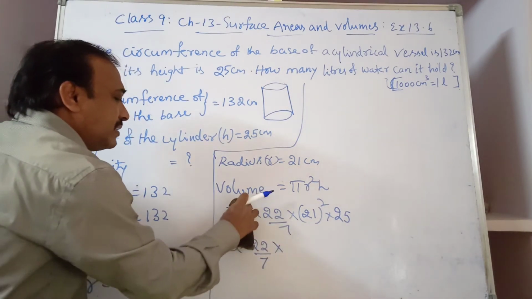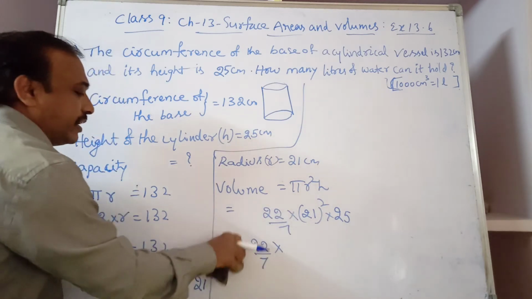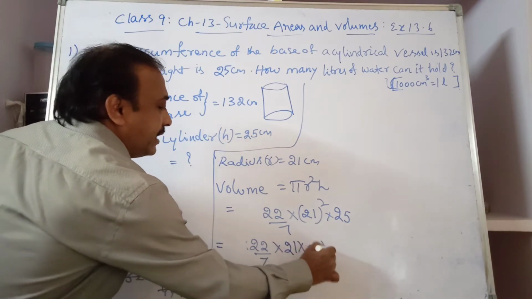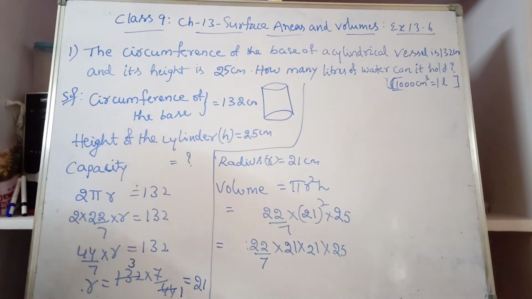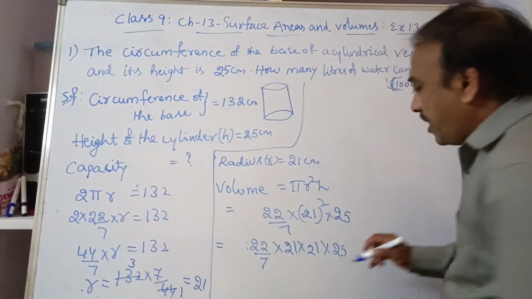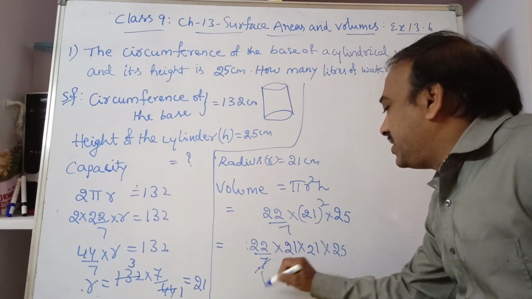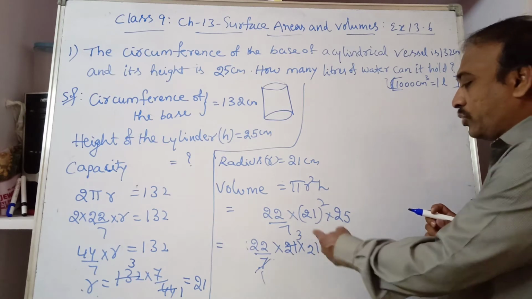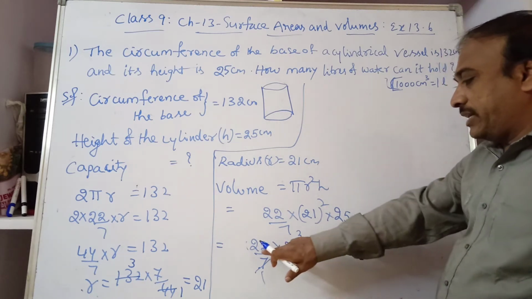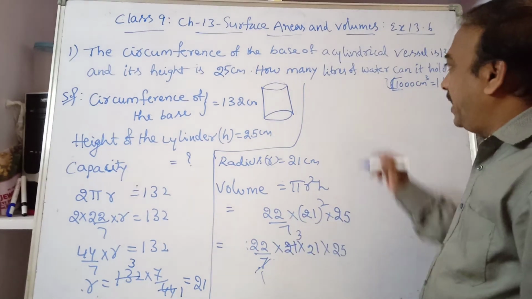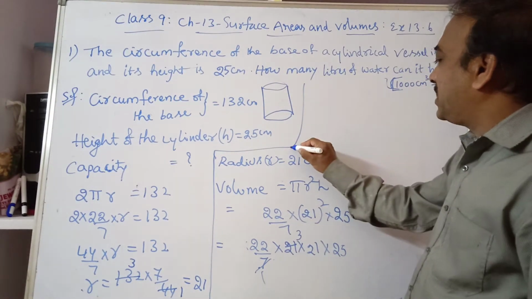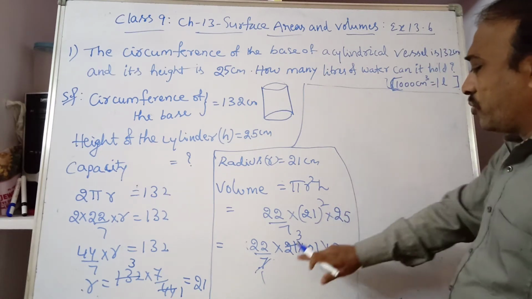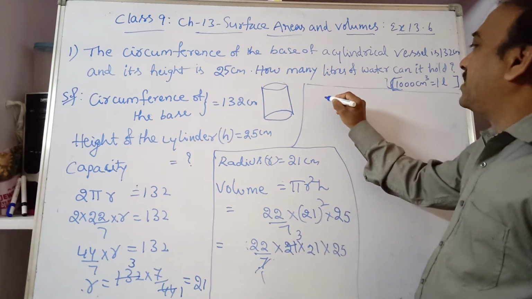So 22 by 7 into 21 into 21 into 25. Now you can cancel this 7: 7 ones are 7, 7 threes are 21. So 22 into 3, which is 66.